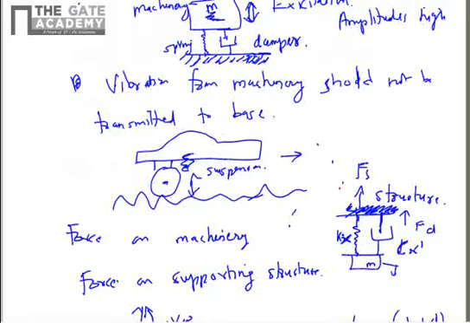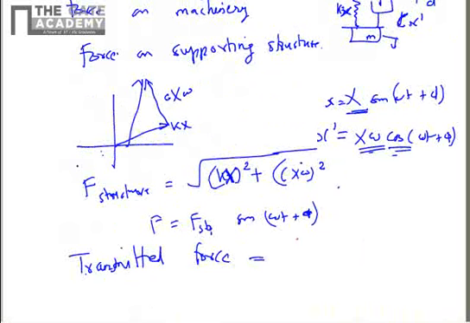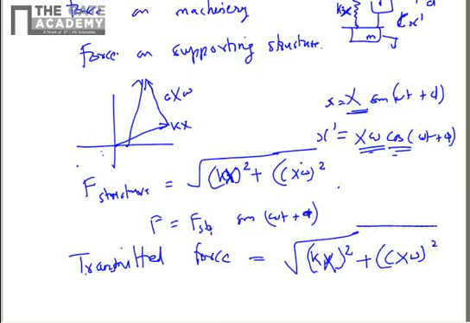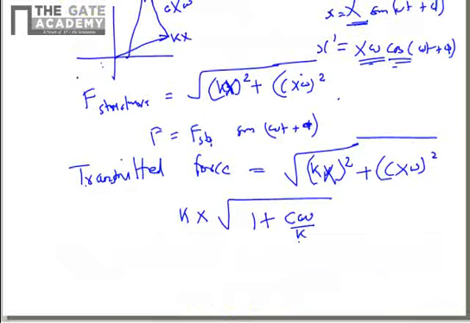So the transmitted force will be equal to the square root of (kX) square plus (cX omega) whole square, where capital X is the amplitude of oscillation. If you want to non-dimensionalize it, you take kX outside, and you get the square root of 1 plus (c omega by k) whole square.